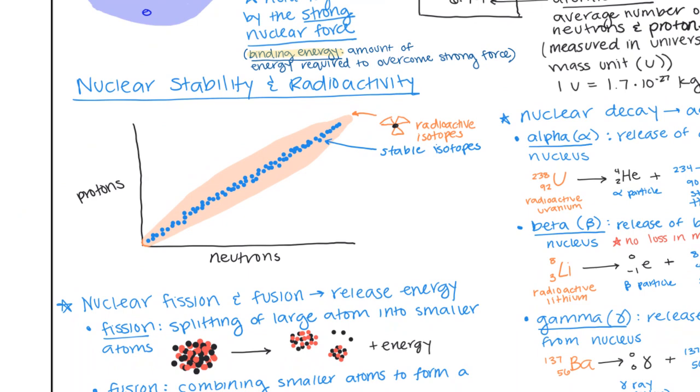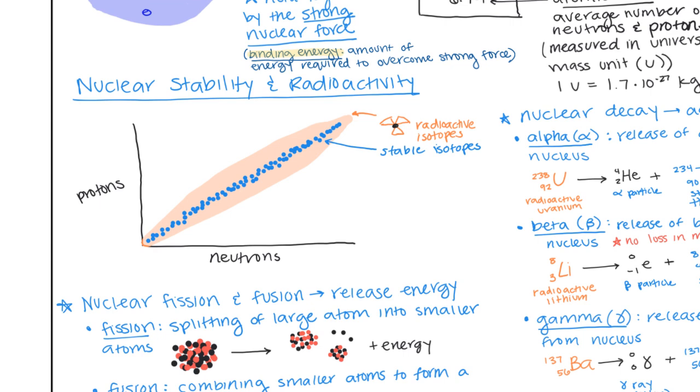This is a very popular chart. If you were to Google nuclear stability and radioactivity chart, you would see a chart that tends to look like this. As we go across the periodic table and down the periodic table, atoms are going to be increasing their neutrons as well as their protons in their nucleus.